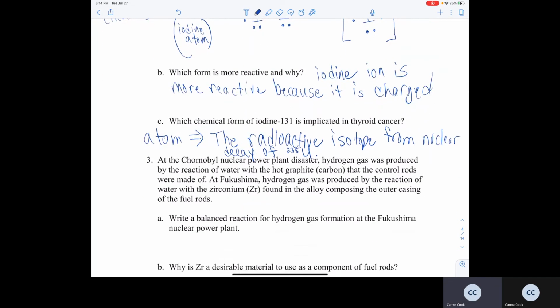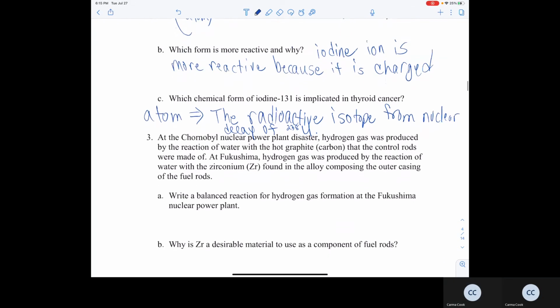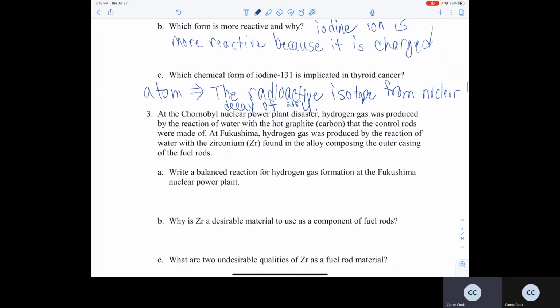And then uranium-238 goes through a series of chain reactions of radioactive decay to form other radioactive elements that are smaller in atomic mass. And iodine-131 is one of those.